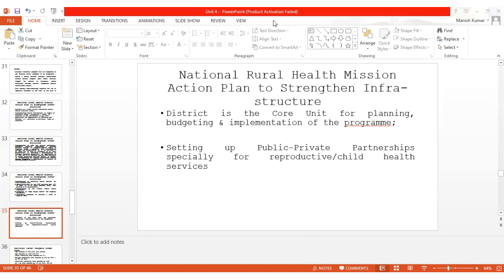We have not given that independence to the district first. Secondly, the district has also not willingly taken the onus. Now in a state like MP, where there are multiple development partners available at the district level, the district always has the leverage to involve development partners for developing the district health action plan, which is exactly what is happening at the state.